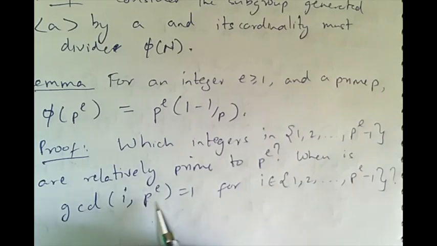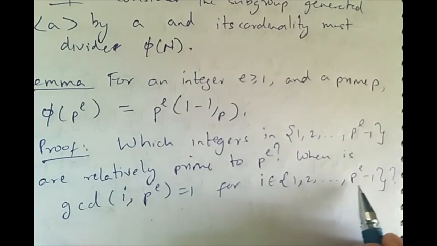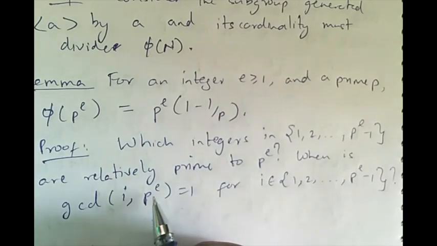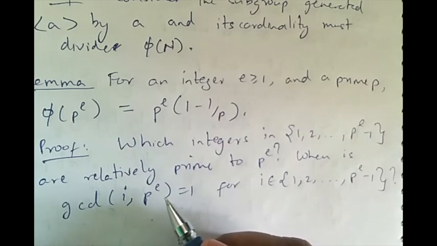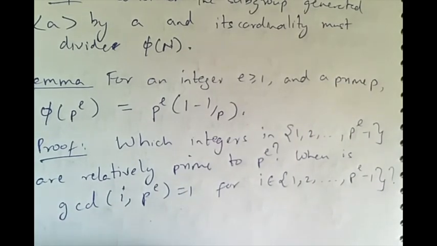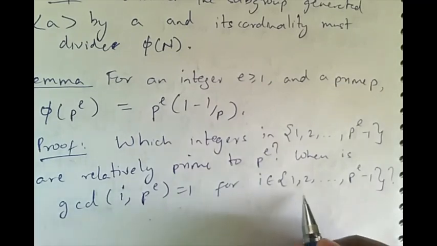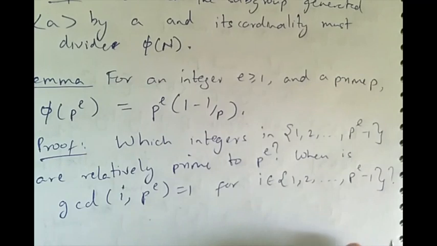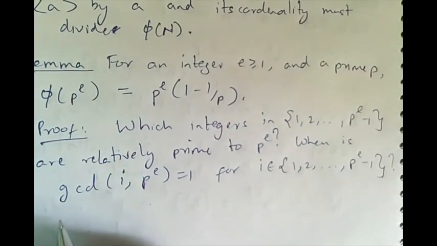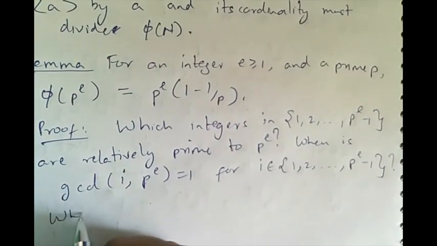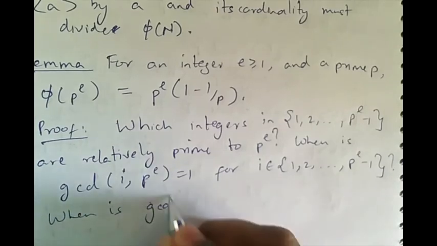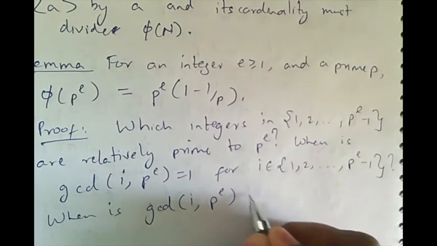And the allowed prime powers are p square up to p to the e minus 1, where the e minus 1 is in the exponent, and not p to the e, because we are restricting i to be strictly less than p to the e. So the easier thing to do, to calculate this number, is to look at when is the GCD of i and p to the e not equal to 1?